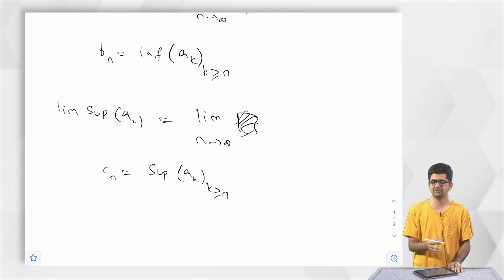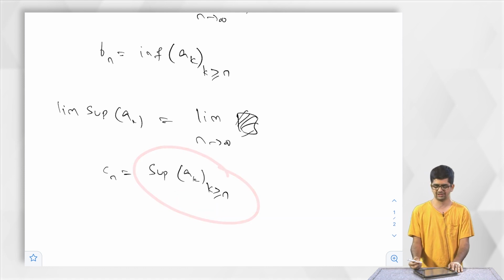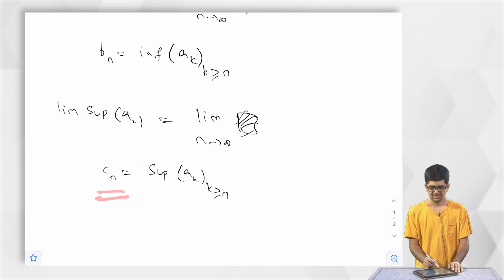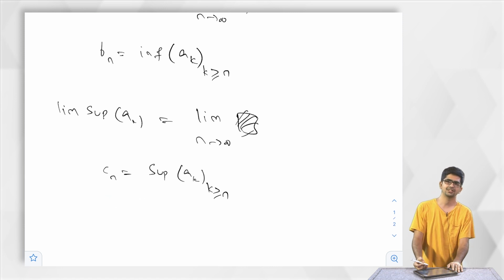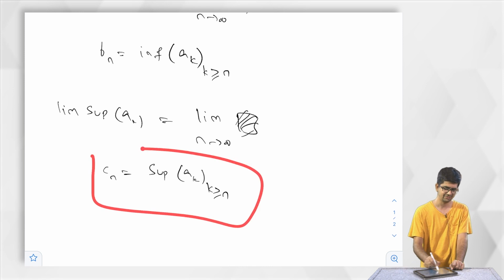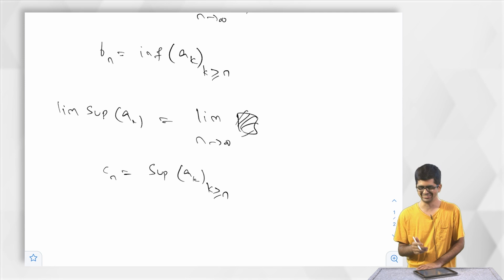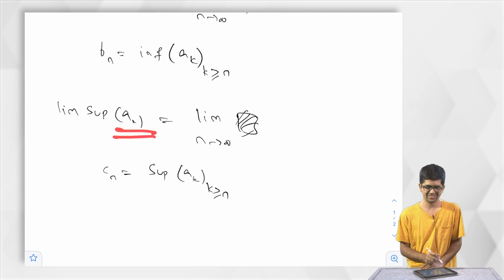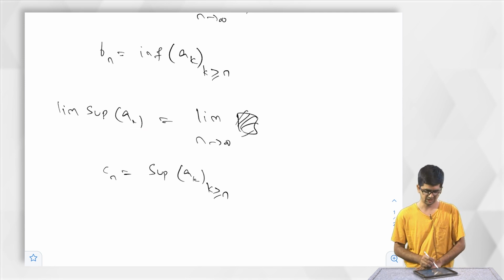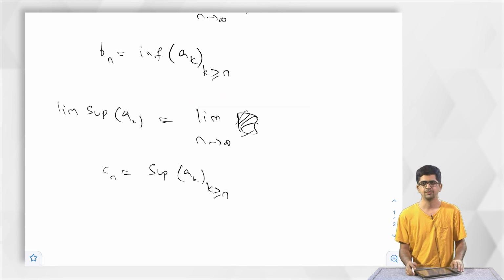Because the sequence is bounded, this is a bounded set, and I write its supremum as Cn. Check in the previous lecture whether Cn is increasing or decreasing, but you should at least remember it is a monotone sequence. We start with a bounded sequence, we get a monotone bounded sequence, so this converges to something, and that is what we call lim sup of An.